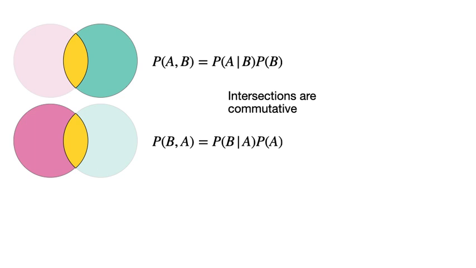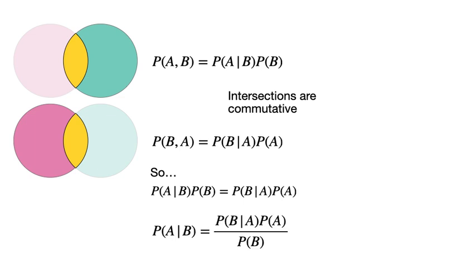And if these two are the same thing, well, the right-hand sides of these equations are the same thing. And if you can equate the right-hand sides, you can rearrange them. You can just move this piece, the probability of B, divide it out, put it over on this side.